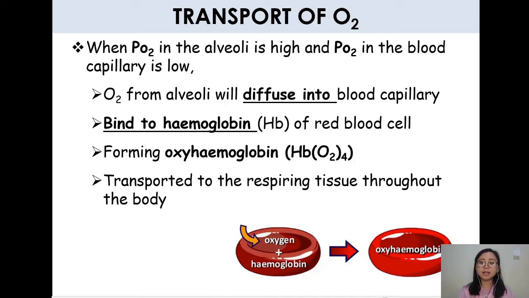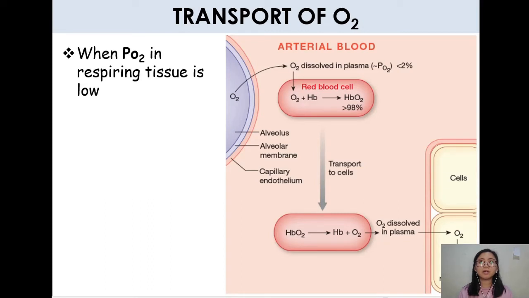Then that oxyhemoglobin is transported to the respiring tissue throughout the body. So sekarang dia daripada alveoli, daripada paru-paru, dia pergi kepada setiap sel kita. Sel kita akan buat aerobic respiration. Dan dia akan kekurangan oksigen. So when it reaches the cell, it reaches the tissue yang buat respiration tu, dia akan kurang oksigen di sekeliling dia.